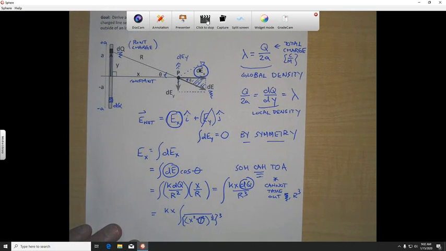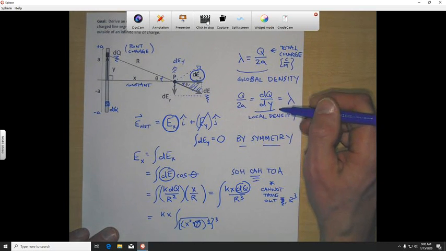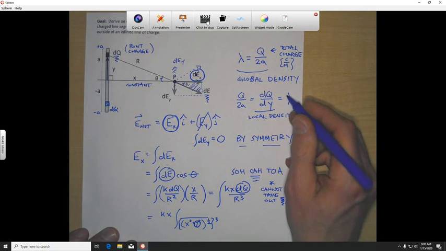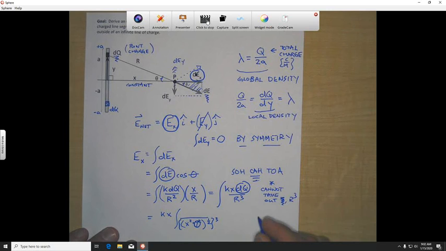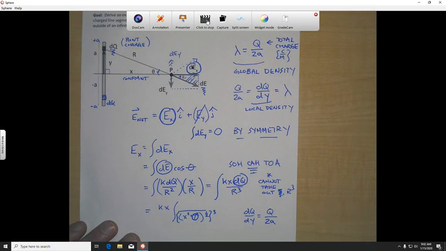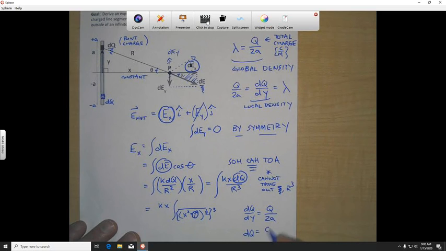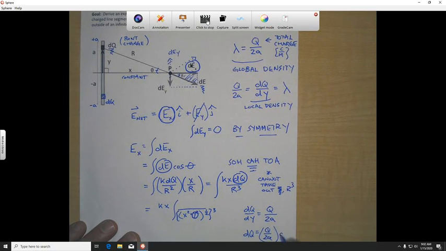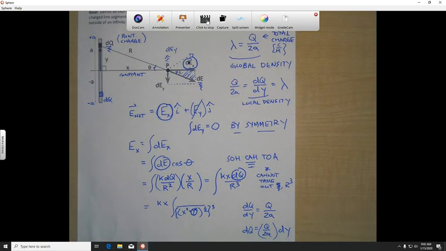So at this point, I will go back up to my statements up here, and I'm going to use them. So coming back up here, when we talked about the local density, we said that dq over dy is equal to overall charge divided by overall length. And so my substitution is going to be to isolate dq and rewrite it in terms of dy.